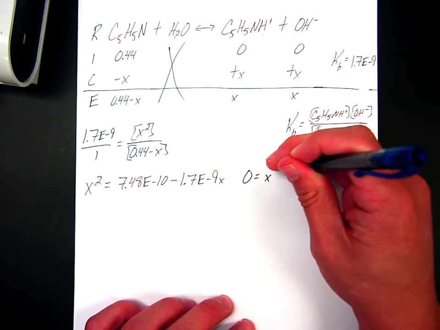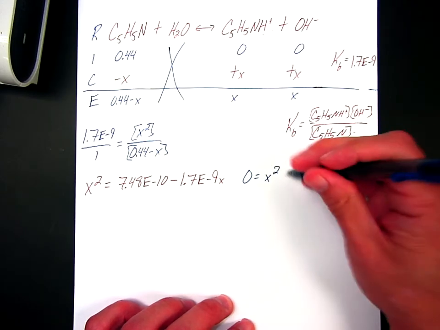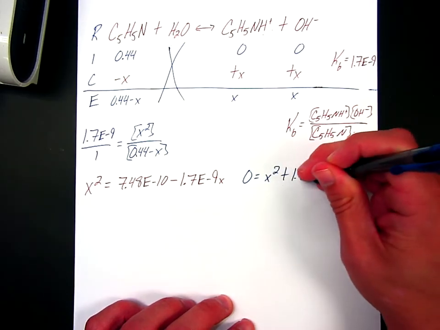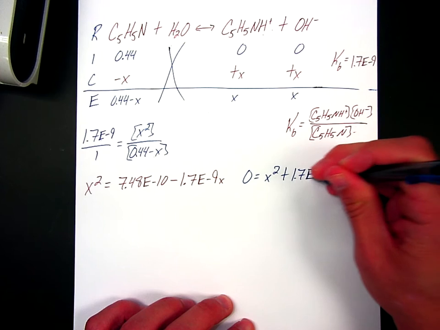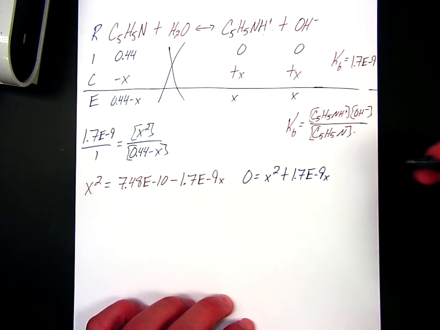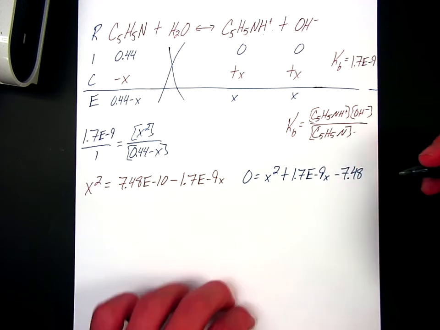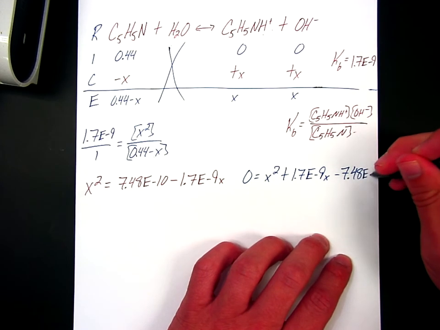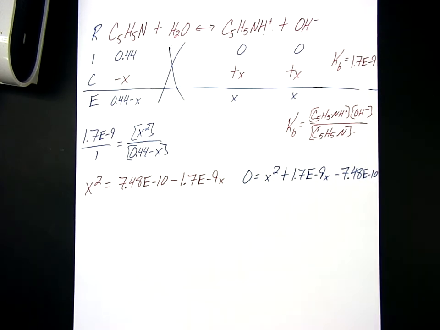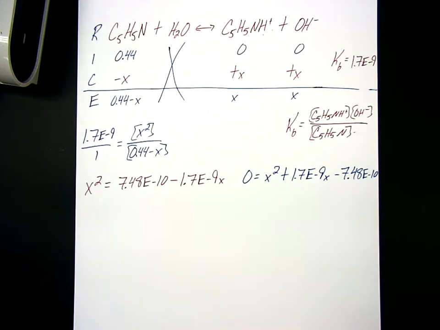So it's going to stay x squared, and then it'll be plus 1.7 E negative 9x, and then minus 7.48 E negative 10. And that's where we've got to use our solver and our calculator.